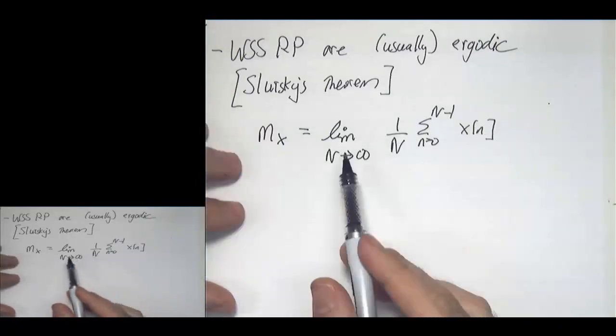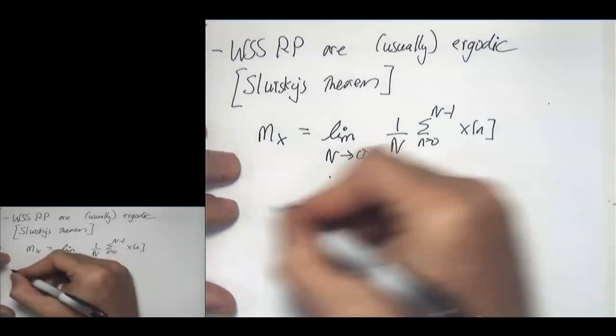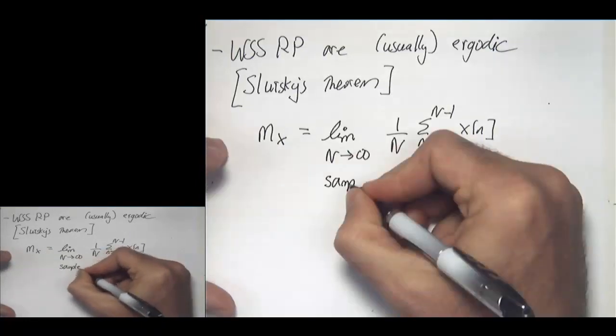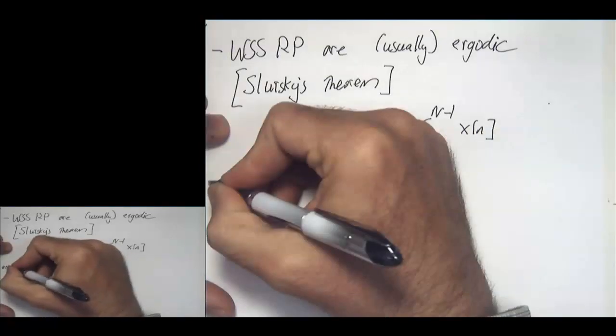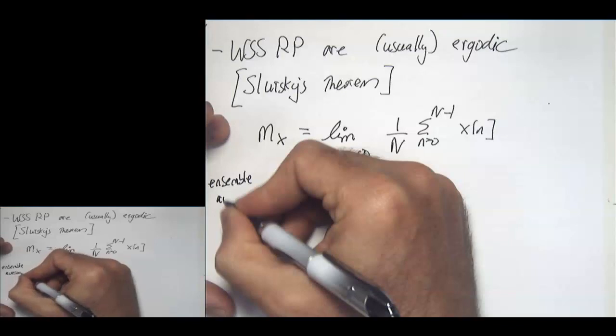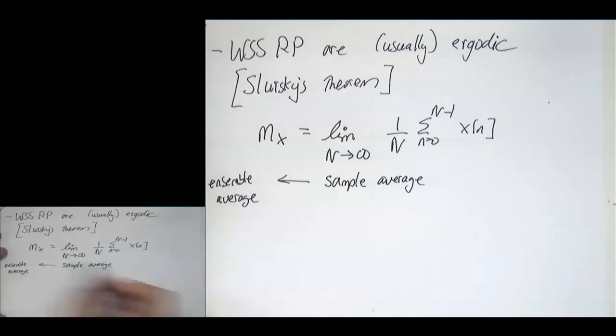If it's ergodic, this is the sample average, and this is what's called the ensemble average. The sample average converges to the ensemble average, which gives us a practical way to estimate the mean.